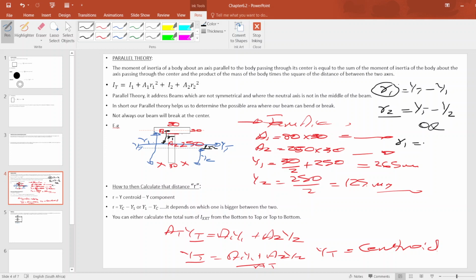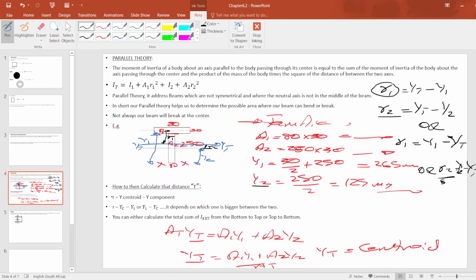It will be R1 equals Y1 minus YT, then we get our distance R. Or it will be R2 equals Y2 minus YT, then we get our distance R. It doesn't matter; it depends on which one is bigger in the values. If Y2 is bigger than our YT, then we subtract YT from Y2. This is how we calculate our distance R.